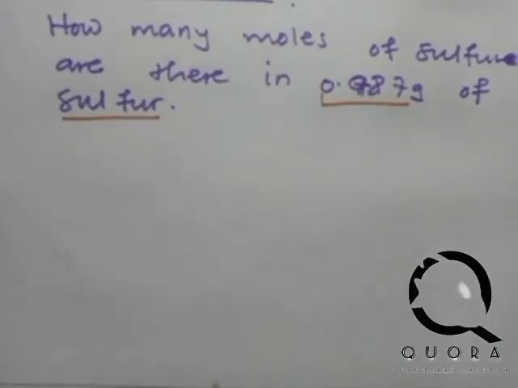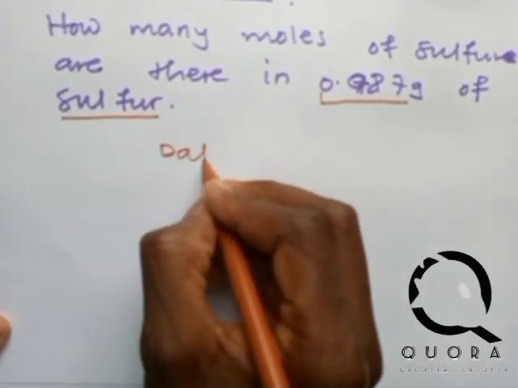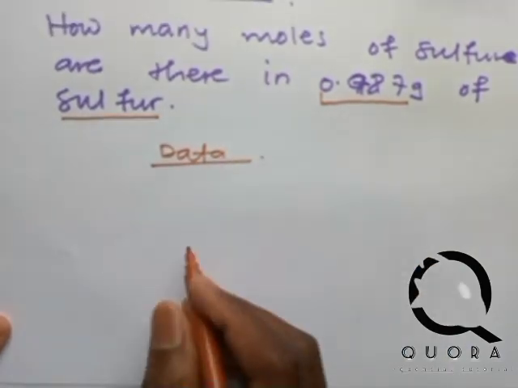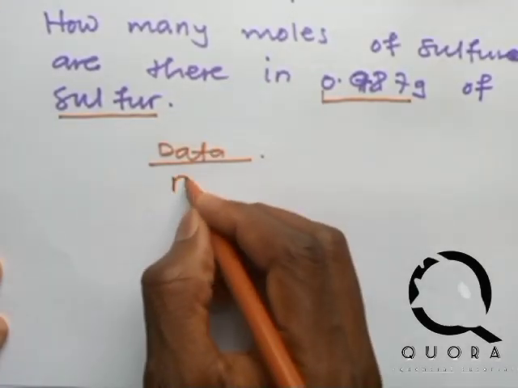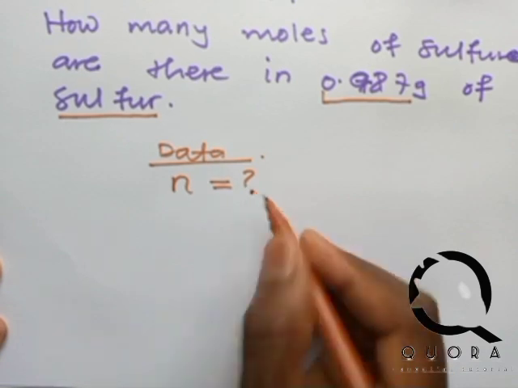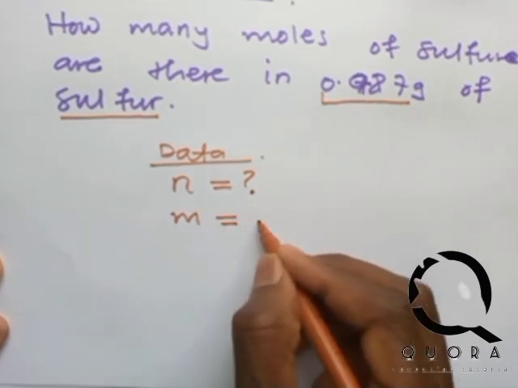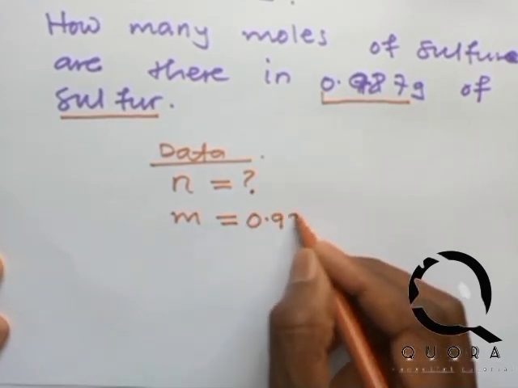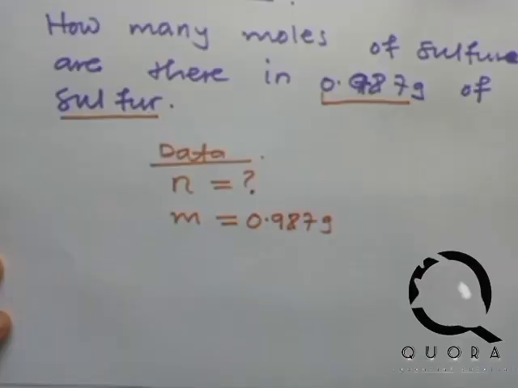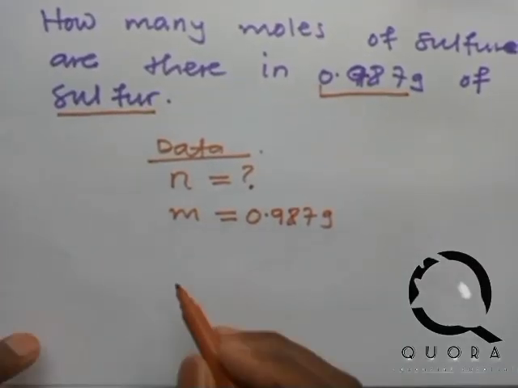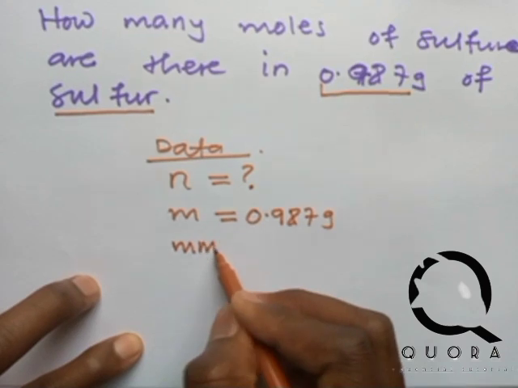First of all, you need to analyze the data. What information have you been given? Number of moles, we don't know. Mass, you've been given as 0.987 grams. Now you come to molar mass.